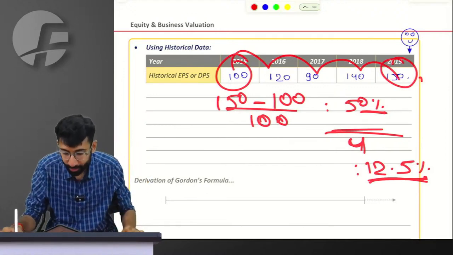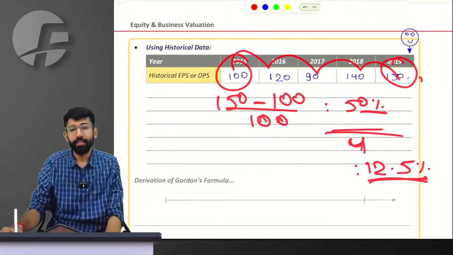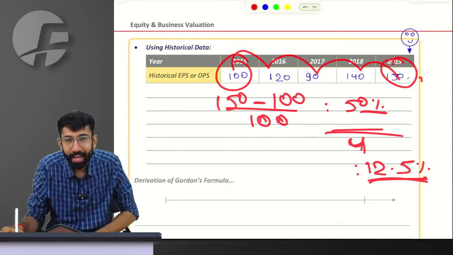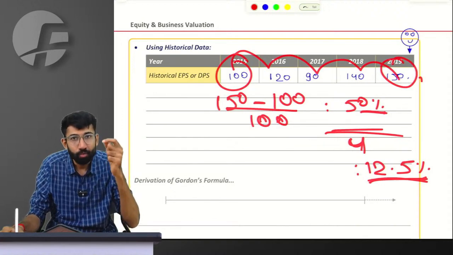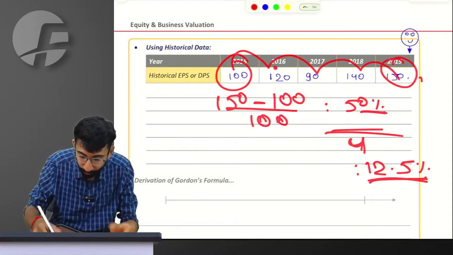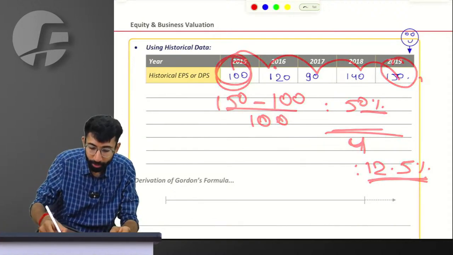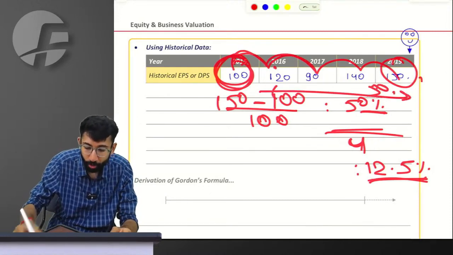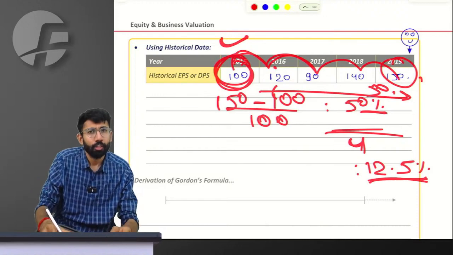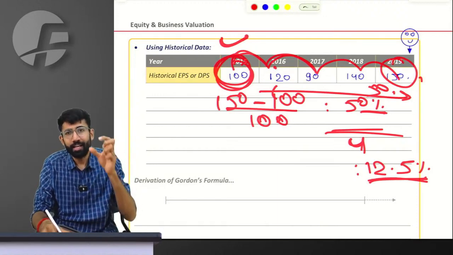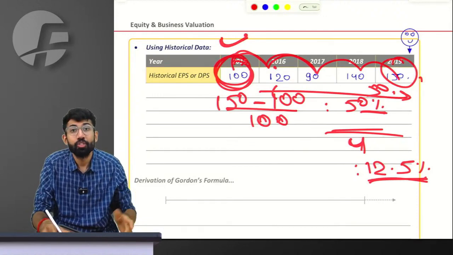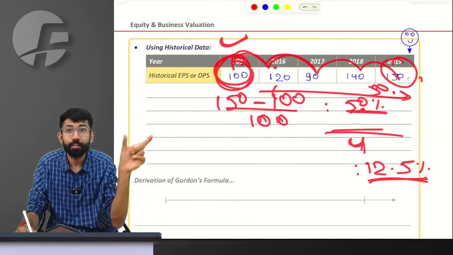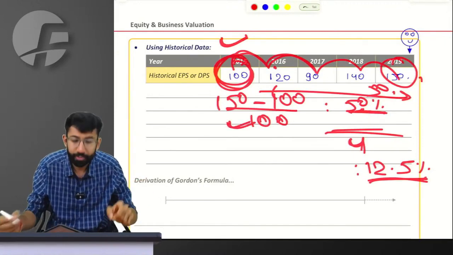This is one of the suggestions. You know what is wrong with this? The point is that we have missed something: on a base of 100, you are considering a growth of rupees 50, which is wrong. Do you agree that every year the base will change? You are considering a one-shot growth of the entire rupees 50 on a base of 100, which is incorrect.